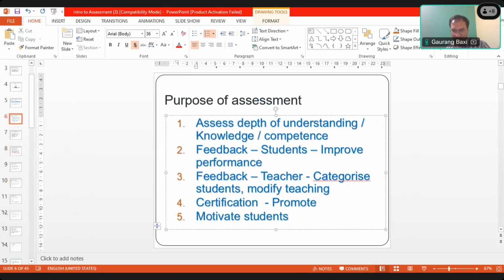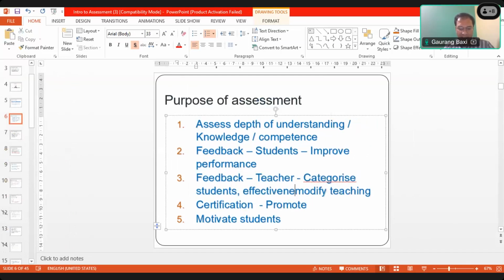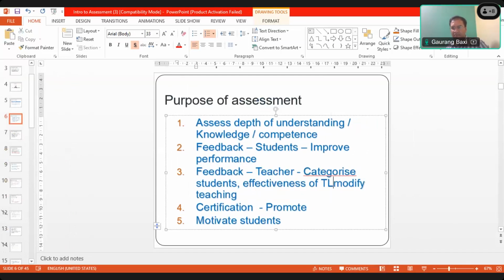What else? Assess the effectiveness of teaching. So again, it's feedback to the teachers. You want to assess the effectiveness of the teaching learning which you have conducted. Yes, what else?